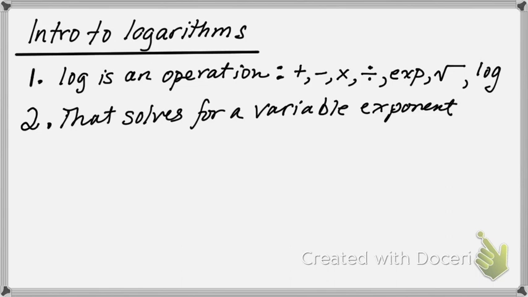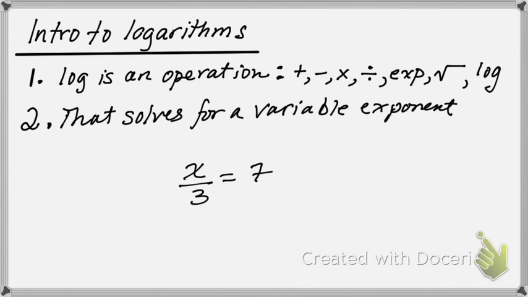So if you think about all of the other operations, we can think about cases where those operations are used in order to solve for a variable. For instance, if I have x squared equals 3, what operation do I need in order to solve for x? I need the radical, right? I need to take the square root of both sides. If I had x divided by 3 equals 7, what operation do I need in order to solve for x?